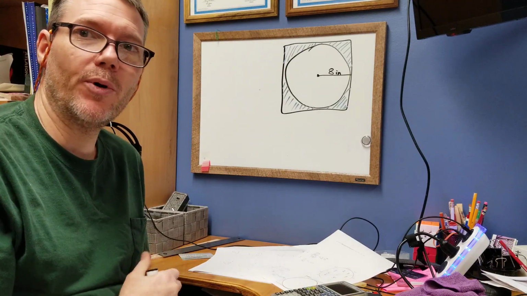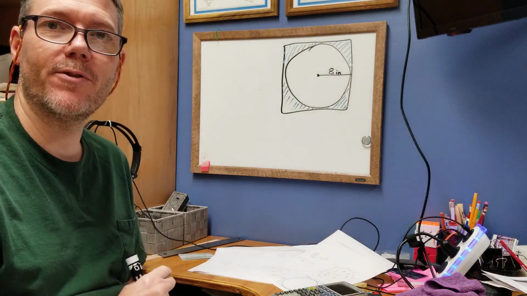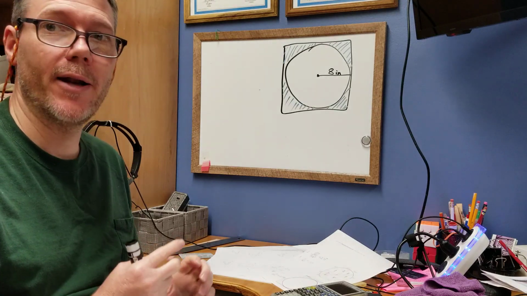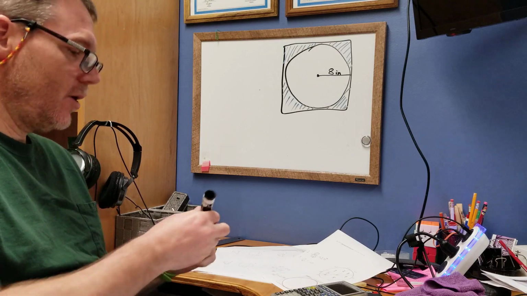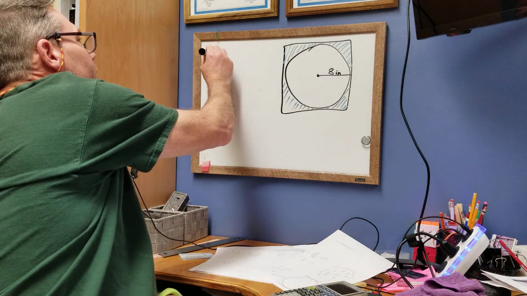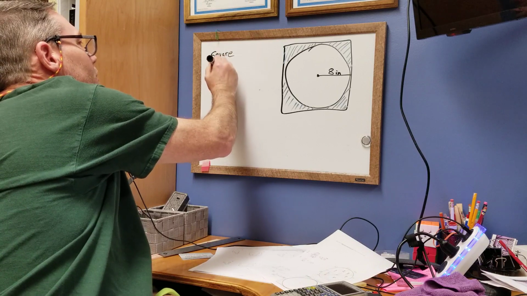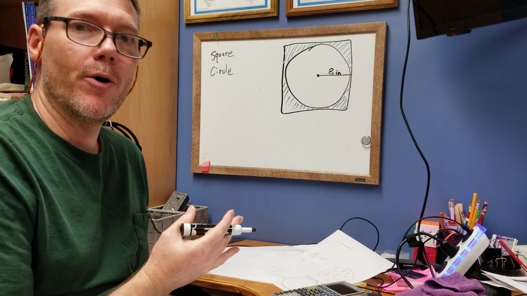The last example is actually created with the composite figures that we've worked on already. And in this case, we've got two shapes. And what two shapes do we have here? We've got a square and a circle. And we've got to figure out the area of each of those.